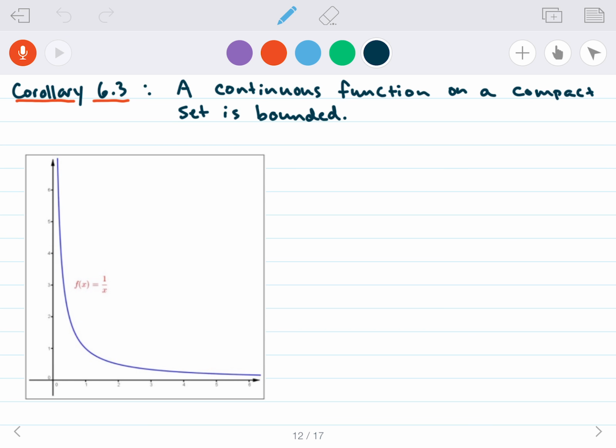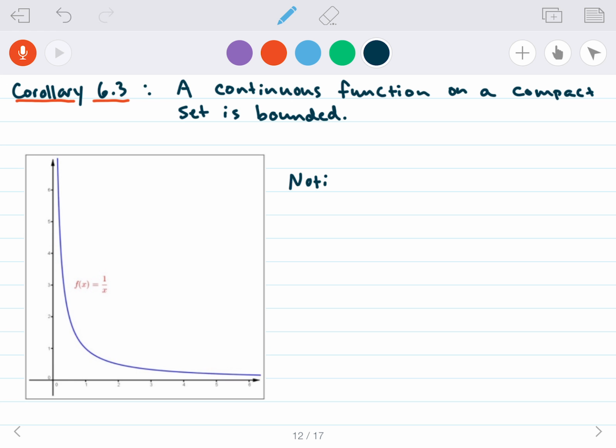All right, so here is a corollary. A continuous function on a compact set must be bounded. Notice that this is the function f of x equals 1 over x, and it's continuous everywhere except 0.